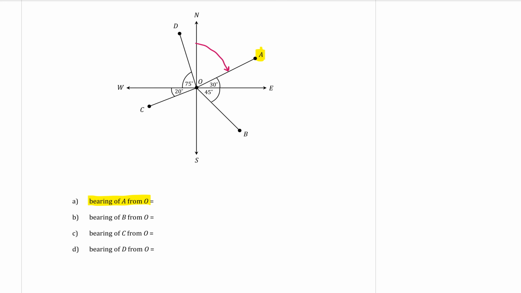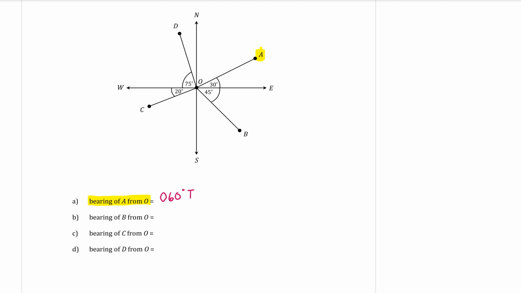Now I don't have an angle for that one at the moment, but I do know that I have this 30 degrees here. So if I went 90 minus 30 degrees, that would make this 60 degrees in here. So that means my true bearing is 60 degrees T. Now technically for a true bearing, you'll often see a 0 written in front of that because we should have 3 digits for a true bearing.